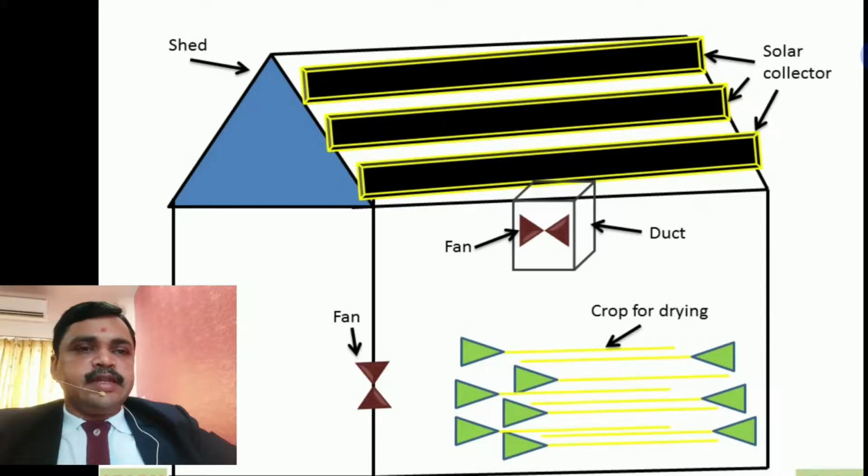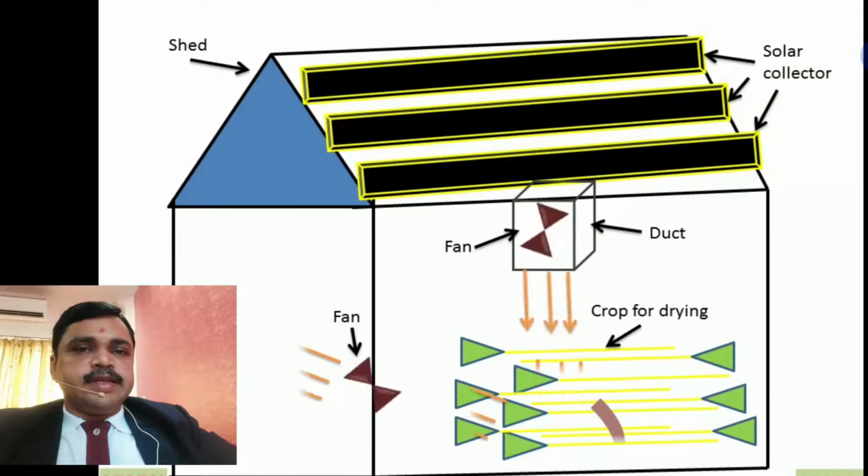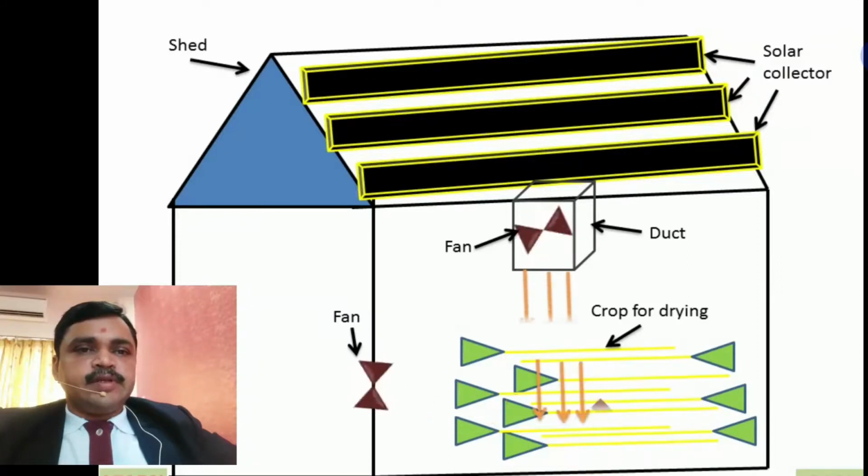Hot dry air is passed on our wet product and an exhaust fan removes moist air. So our product is dried in short time. This is a forced circulation type solar dryer.